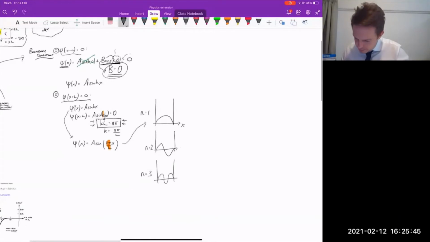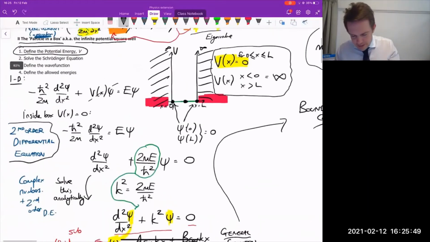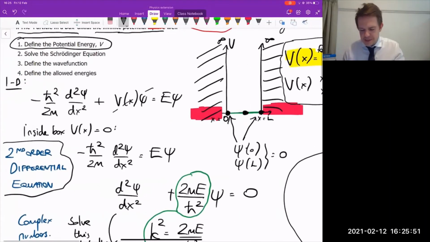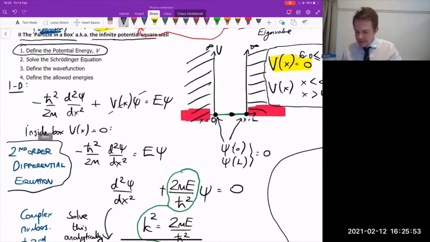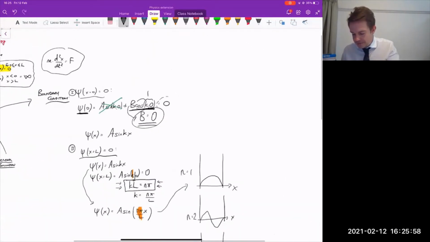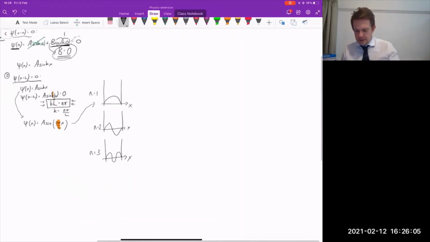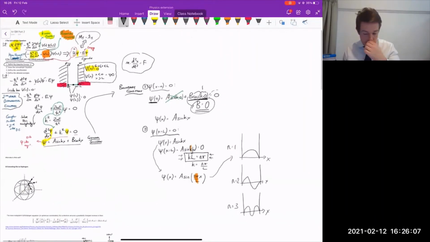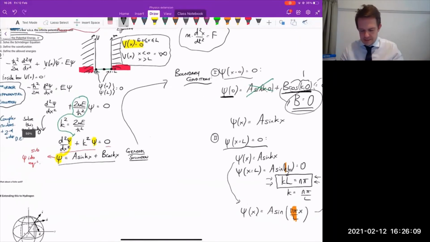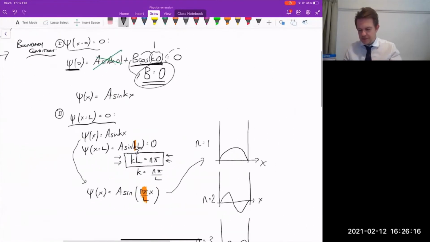So what we've already done, by using this equation that Schrodinger made an educated guess to find, is show that for a particle in a box, the wave functions are of this form. Now, I wouldn't be surprised if you didn't follow all of that, but all I've used really is a second order differential equation solution and some trigonometric functions.